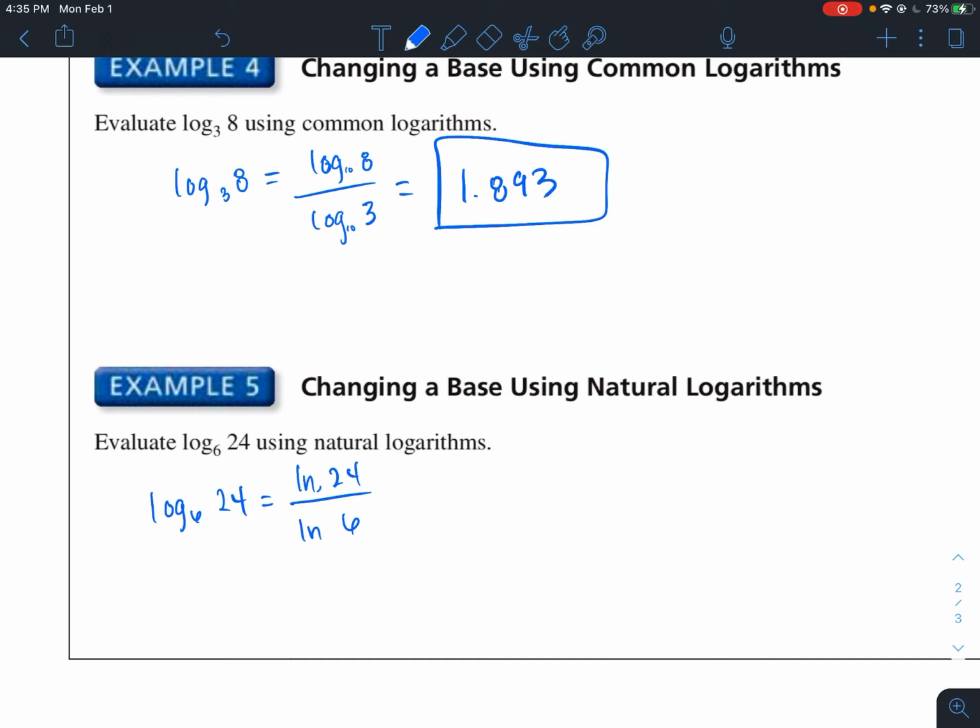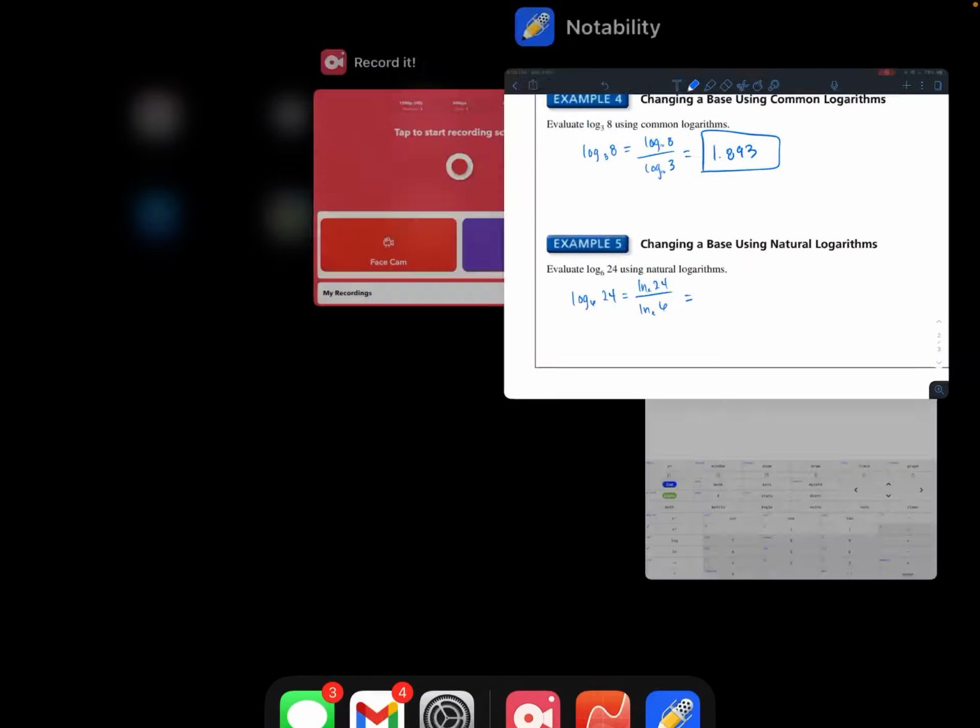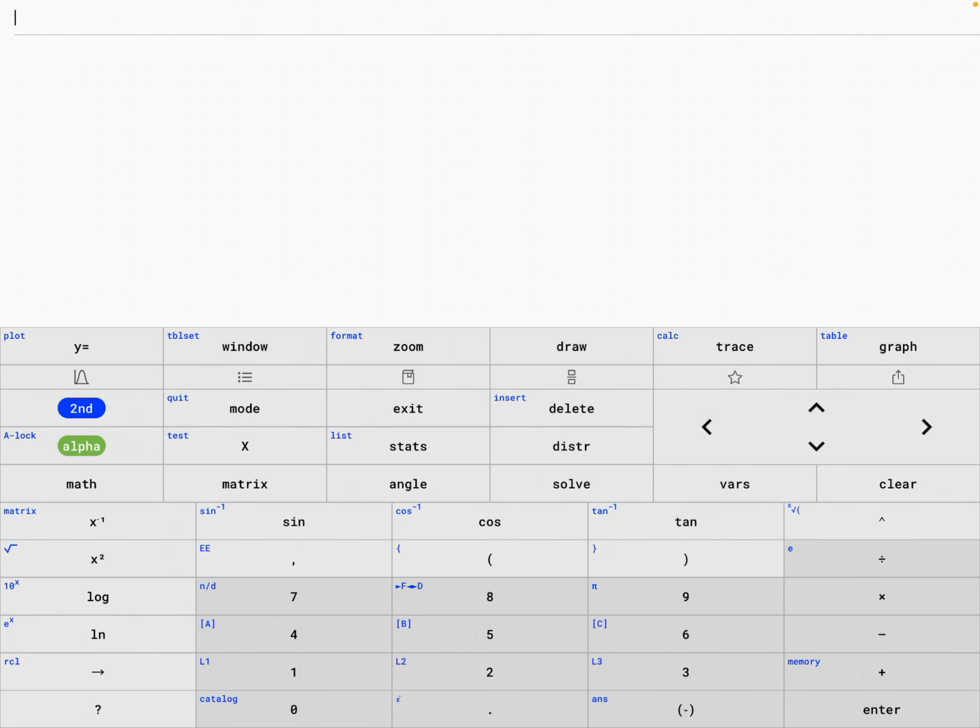Now again, natural logs have a base of e, so that's what we're changing to, a base e. And we can use a calculator here, because whenever we use natural log in our calculator, it automatically uses the base of e.